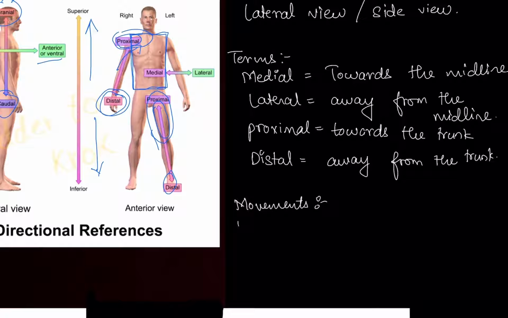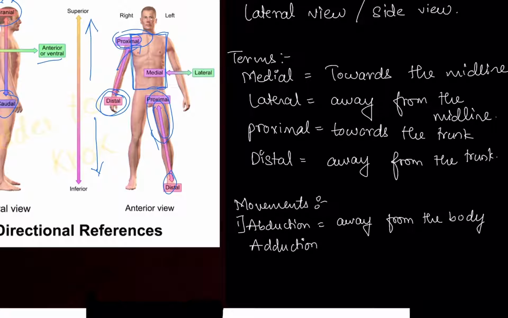For movements, the first one is abduction. Abduction is away from the body. What is adduction then? Adduction, in the word itself you have the word add. So what are you doing here? Towards the body. It's all adding towards the body.